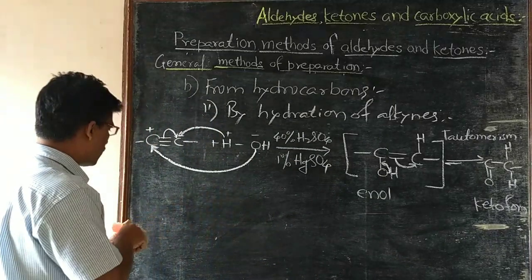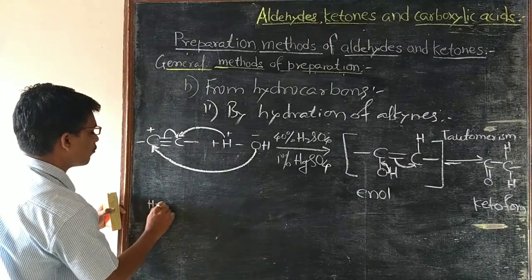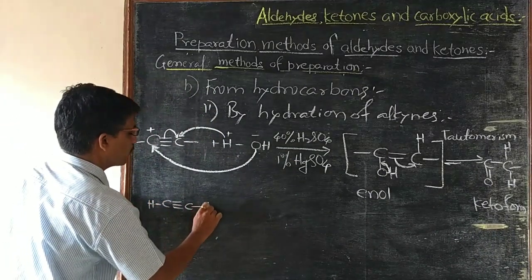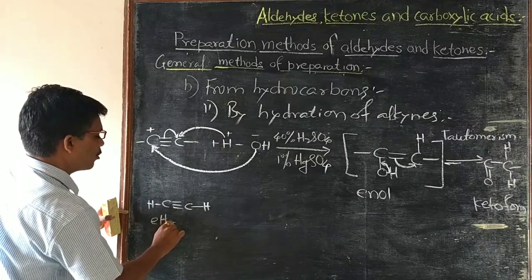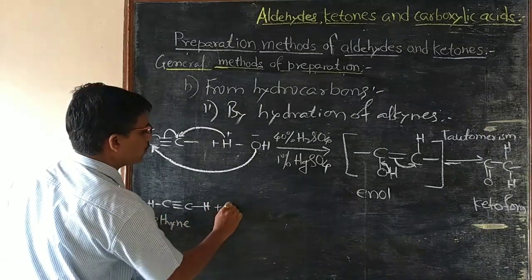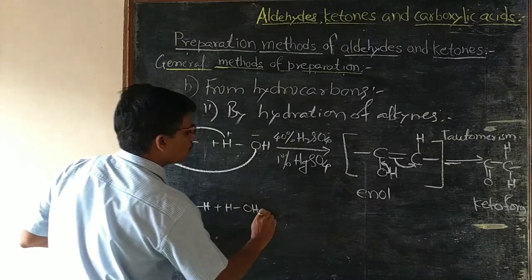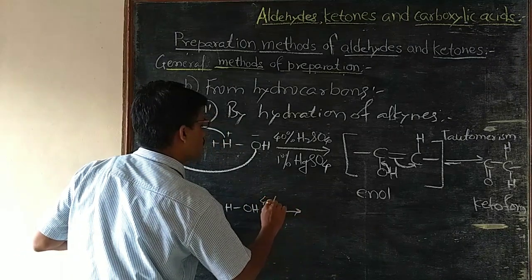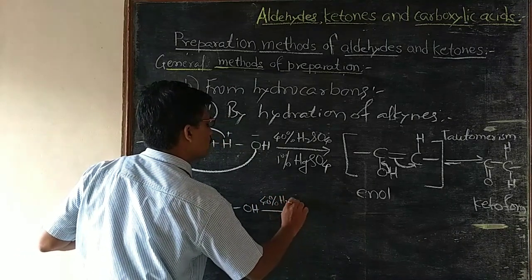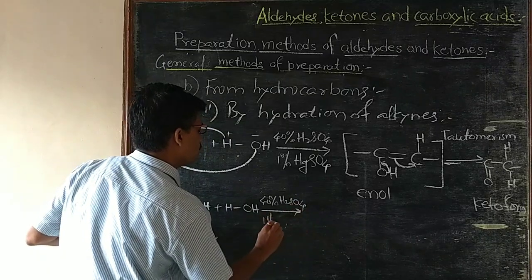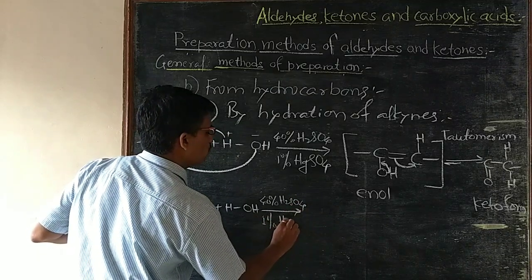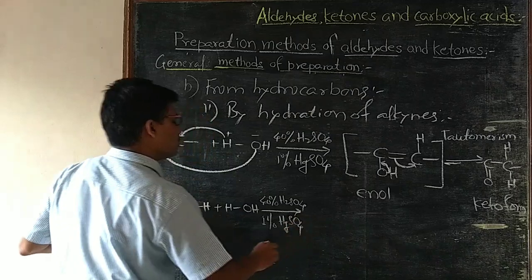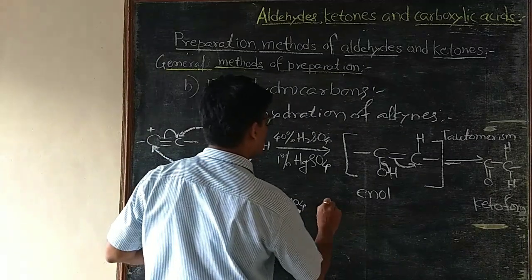Consider one example. Ethyne reacts with water molecule in the presence of 40% sulfuric acid and 1% mercuric sulfate to form its addition product.